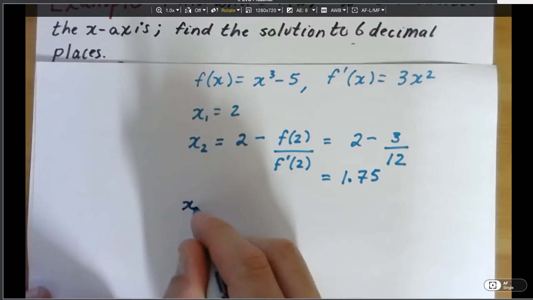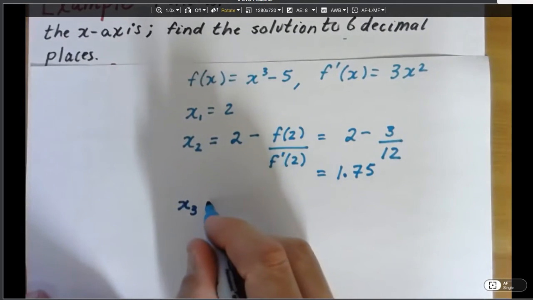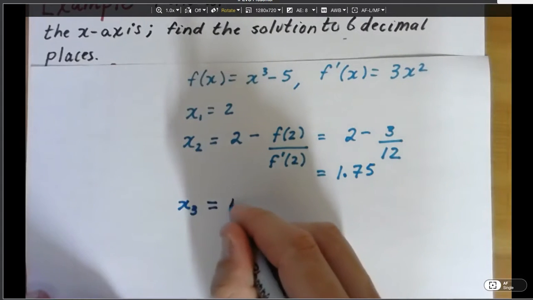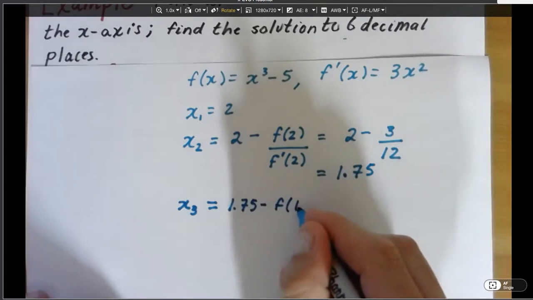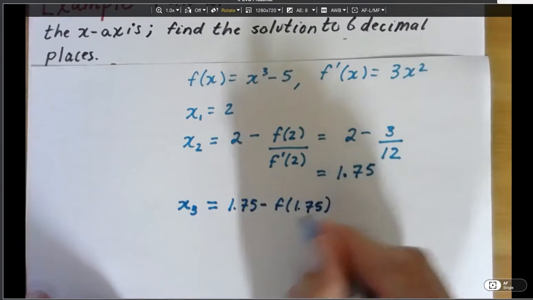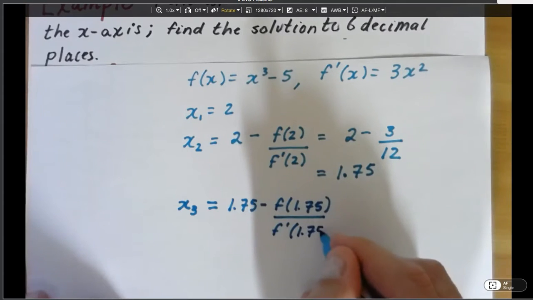Let's go to x3, the third iteration. I take 1.75 minus f of 1.75 divided by f prime of 1.75.